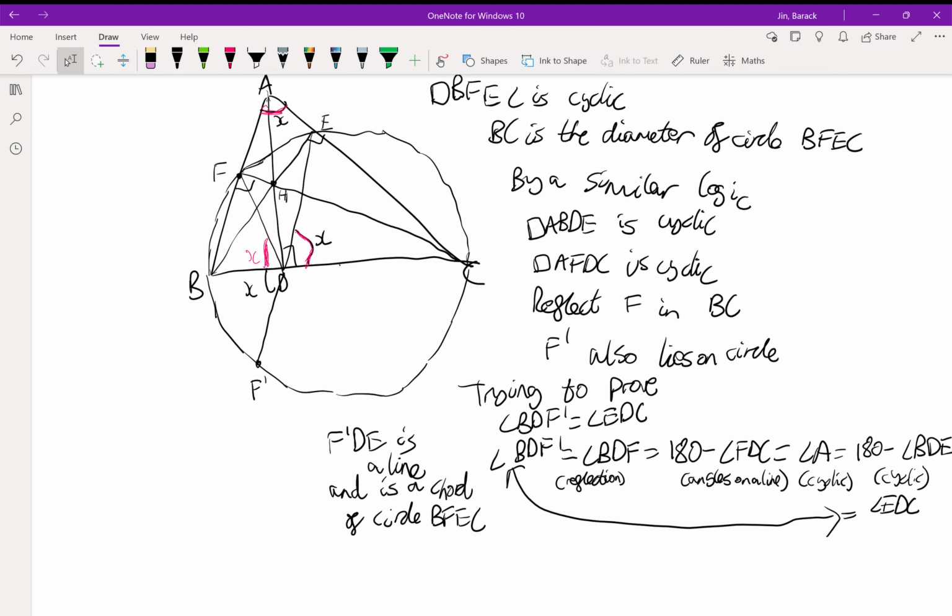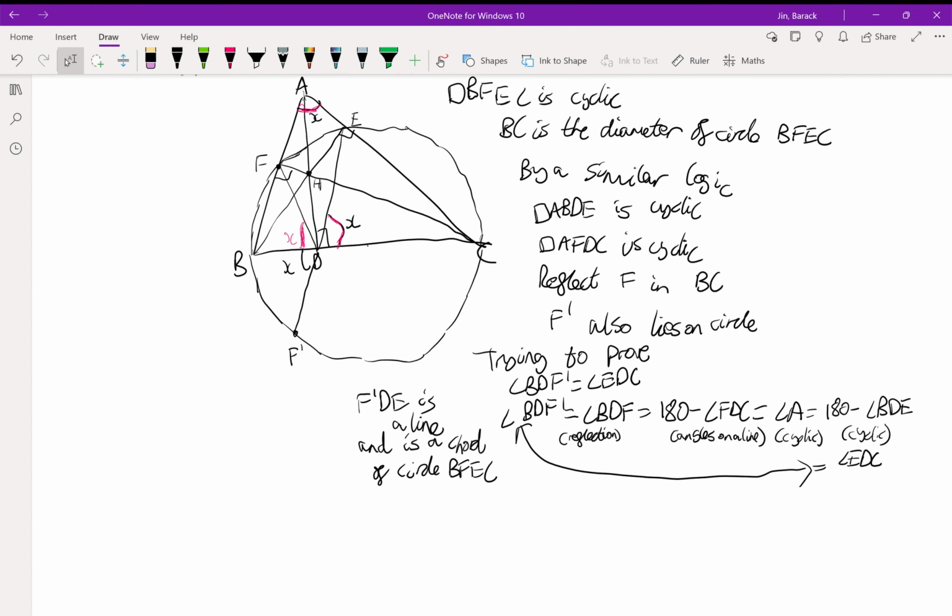Now, the only way that the chord is equal to the diameter is if D is the midpoint of BC.